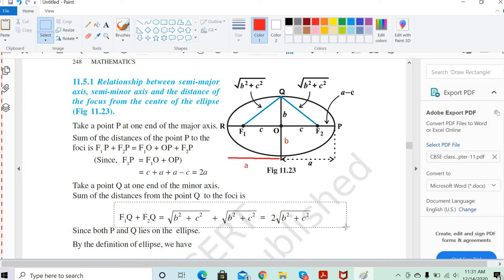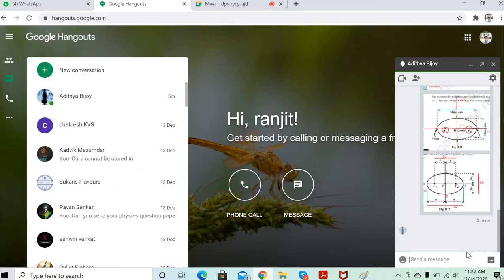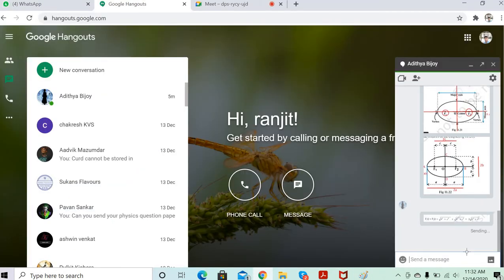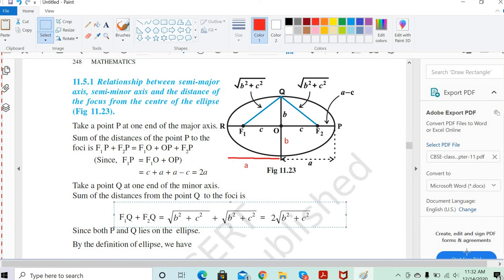F1Q plus F2Q will be the square root of B square plus C square, again the square root of B square plus C square. So it will become twice the square root of B square plus C square, isn't it? You getting? Yes, sir.